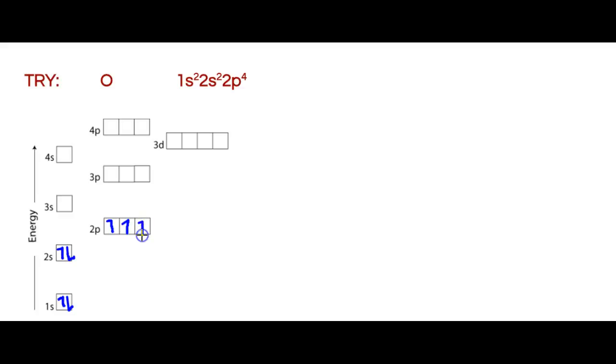Now that I have a single electron in each of my 2p orbitals, I can go back, and I'm going to make this red for emphasis, and double up on one of my p orbitals, but that electron has to have the opposite spin. I'm not going to go through the misery of describing the fluorine orbital diagram, but we would see an extra electron here and an extra electron here in my p orbitals.